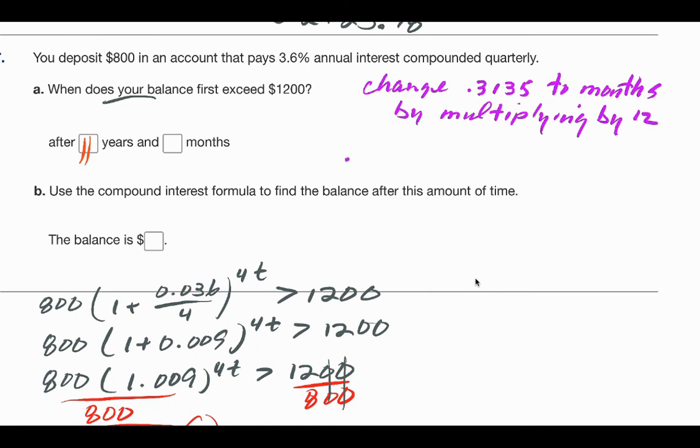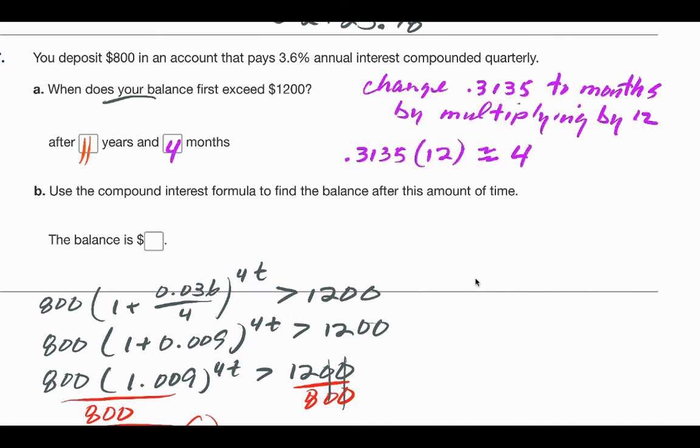So we have 0.3135 years times 12 months. All right. And we'll find out that that is approximately, well, they want a whole month, so we're going to say 4 months.